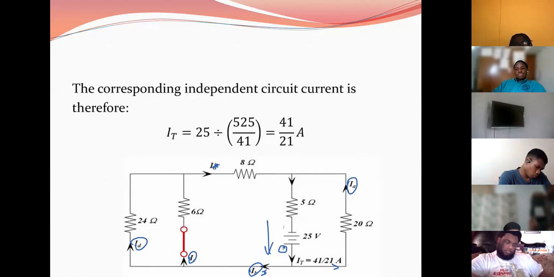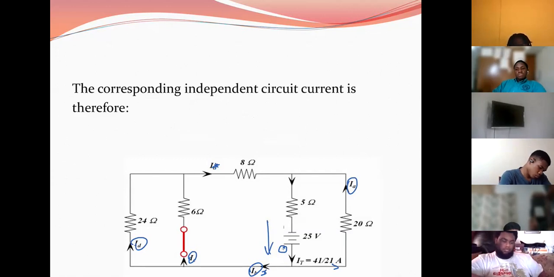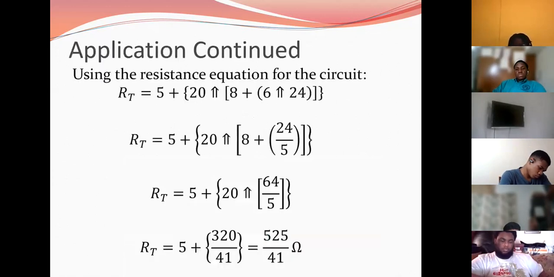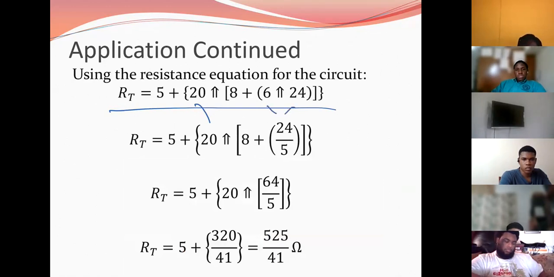All right, so we can now apply current divider. Remember, we already had the resistance equation, so we know that we are first dividing between 20 and the rest of the circuit. Then we are going to divide between 6 and 24, because we are already familiar with the current divider rule.